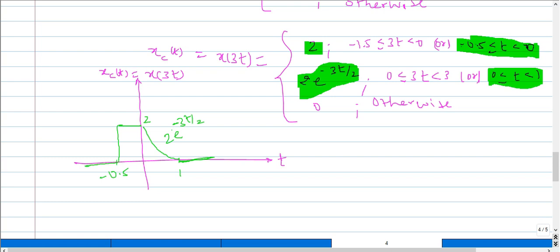Okay, so this is the mathematical description, and this is the graph. Okay, so this completes the first part.